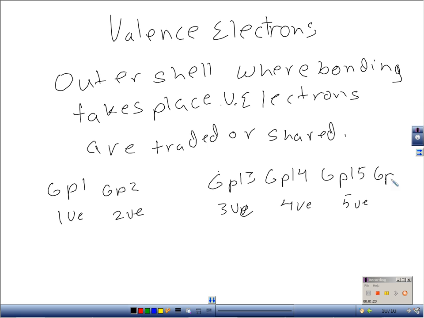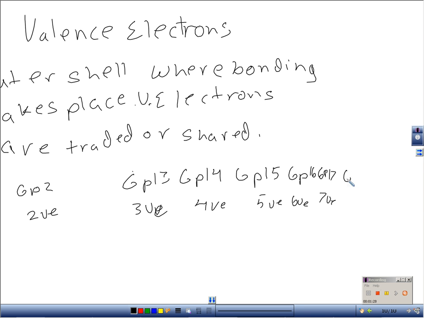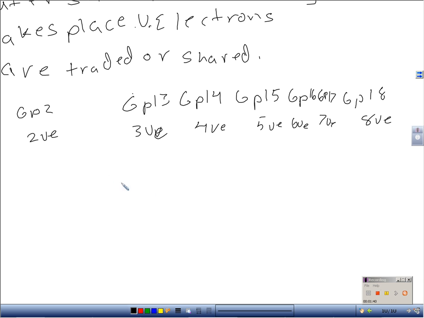Group 16, group 17, these guys have 6 valence electrons, these guys have 7 valence electrons, and then we got group 18, which has 8 valence electrons. Now, in order for an element to be happy, it needs 8 valence electrons, okay? That's the important thing. Now, let's talk quickly about oxidation numbers since I have this guy pulled up.